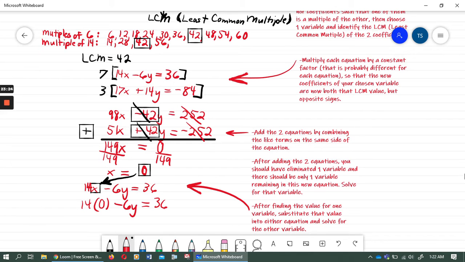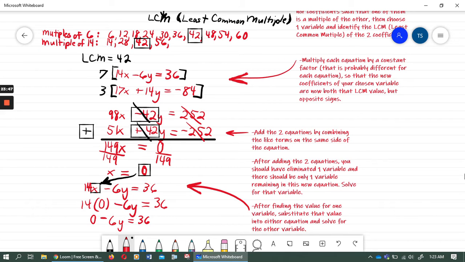All right, so 14 times 0 is clearly 0, right? Because you multiply anything times 0, it gives you 0. You should kind of remember that, the 0 product. Minus 6y, and that's something very basic anyway, right?